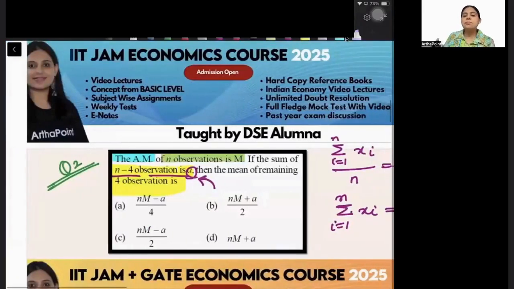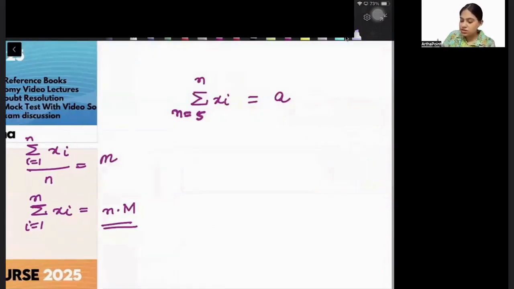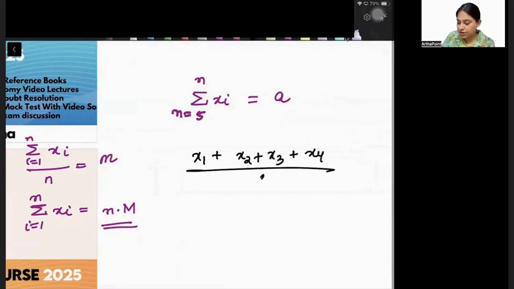It says what is the mean of the remaining 4 observations. तो हमें ये बताना है, we need to tell कि what is x1 plus x2 plus x3 plus x4 divided by 4. The sum of the 4 observations, जो हमने skip करके बाकी observation का sum निकाला तो a आया.